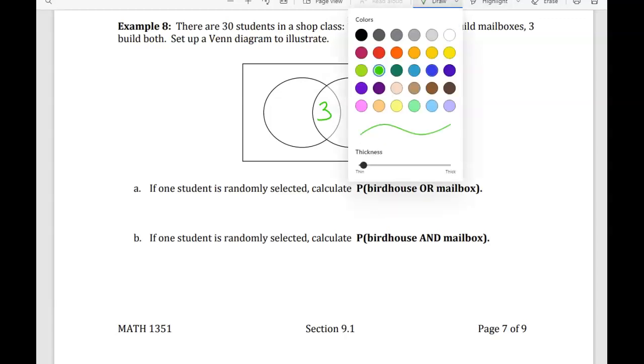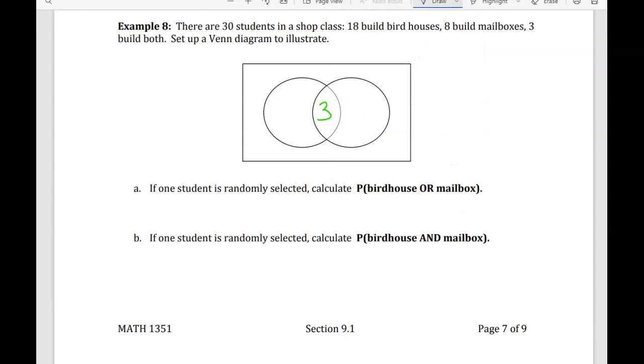Then we have the birdhouse and we have a mailbox. So 8 build mailboxes. But I have 3 of them already here, so I need to subtract out the 3. So 8 minus 3 leaves me with 5 that strictly built a mailbox.